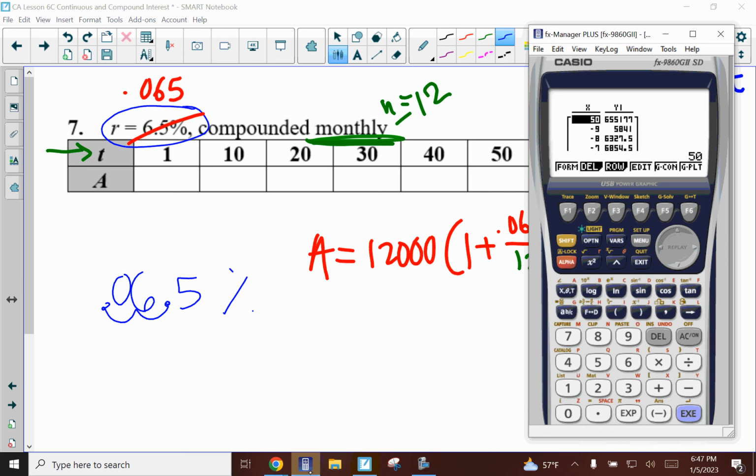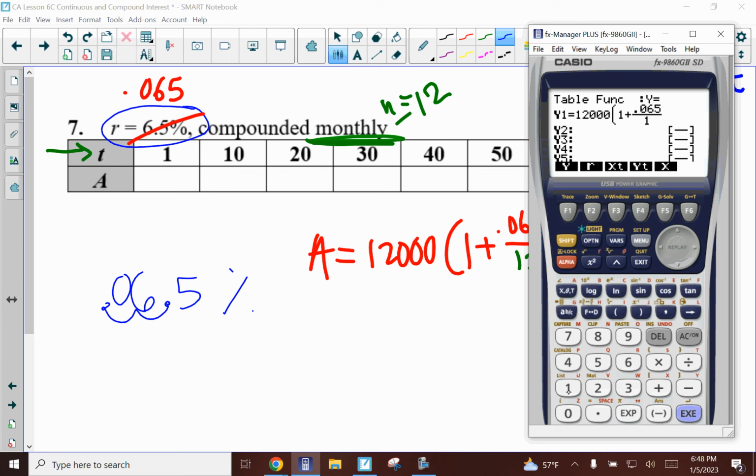So in the calculator, we're making a table. I'm just going to go up here and adjust this, and get rid of all of this stuff. Add the parentheses and put 1 plus 0.065. The rate was 6.5%, so 0.065 as a decimal.